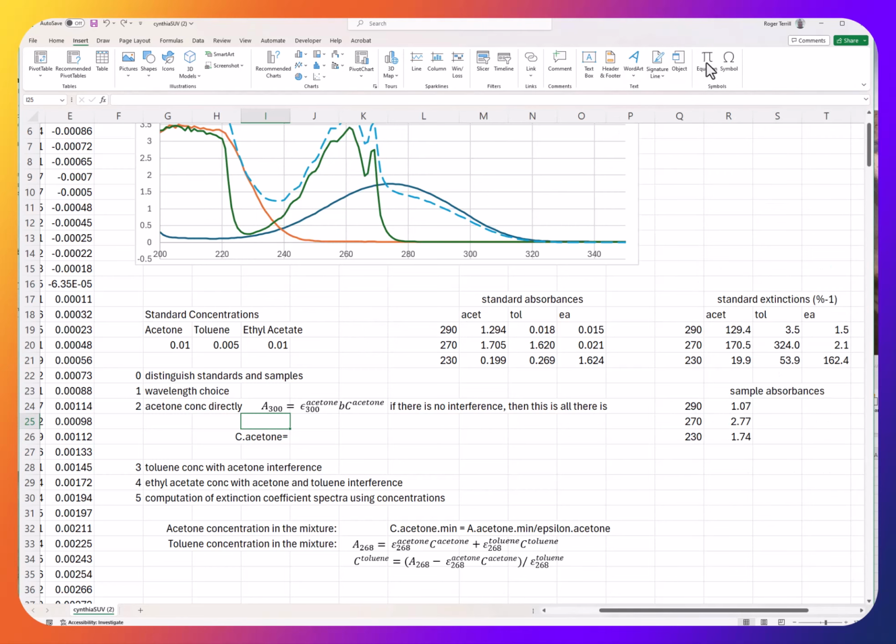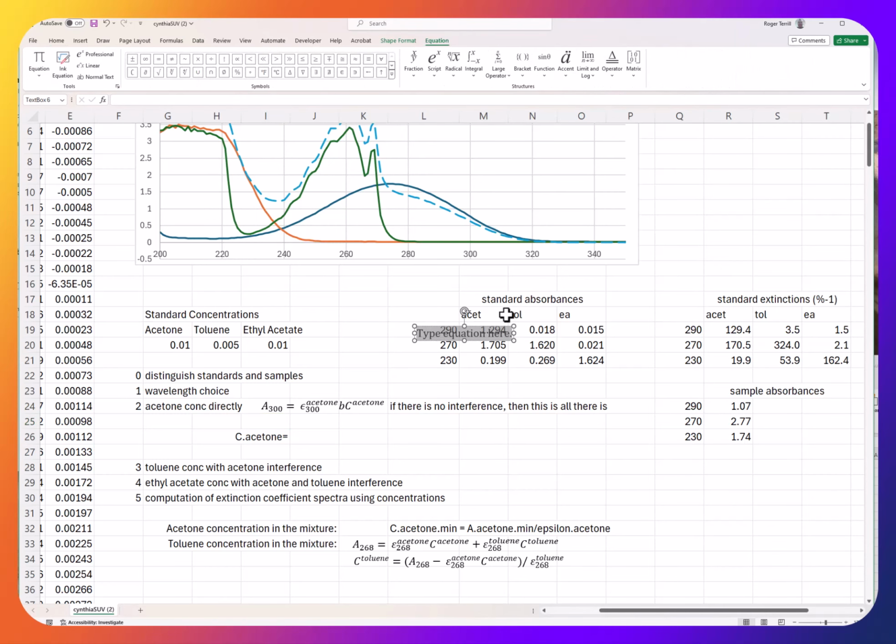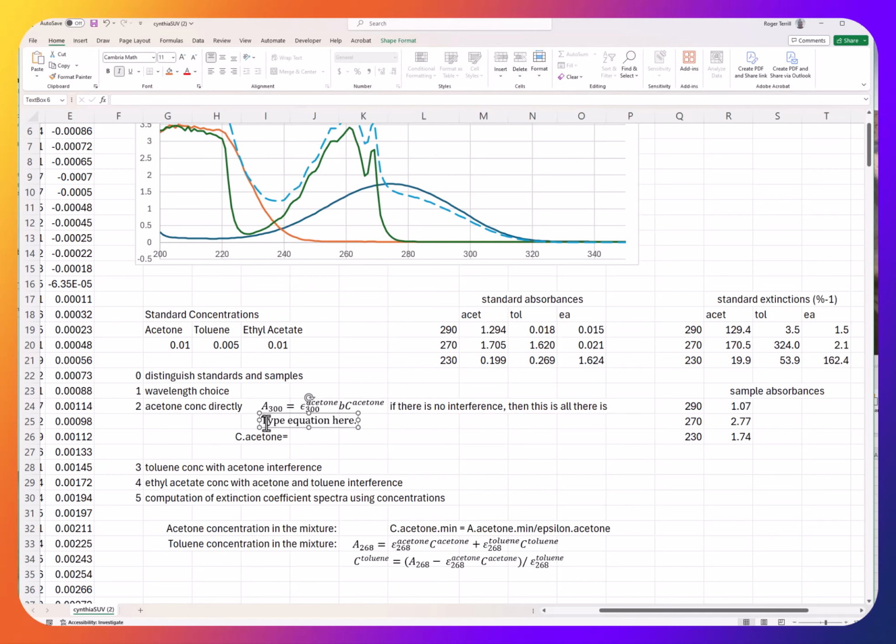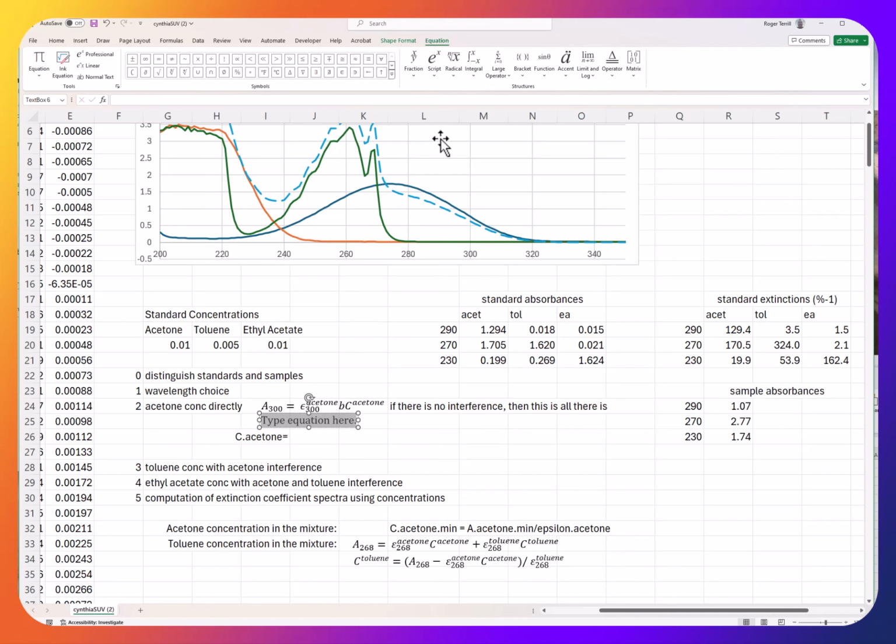So you just insert an equation. There we go. Script.